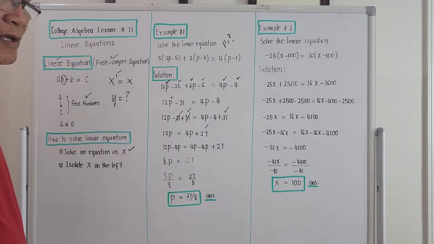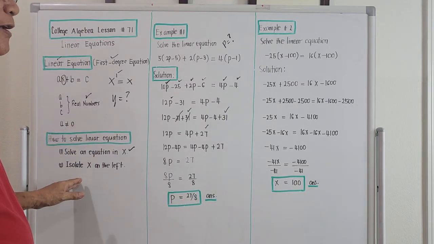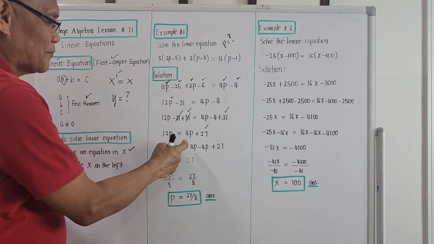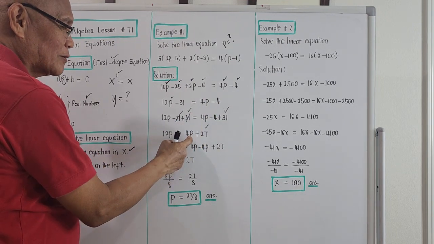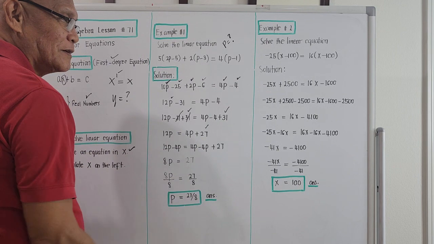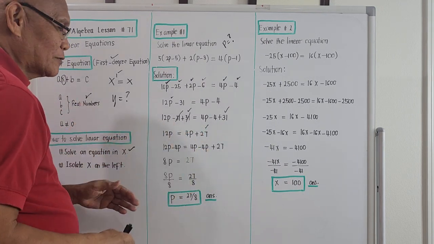What will be the next logical step? On this, how to solve, isolate p on the left, right? There's a 4p here. P is still the unknown. So we must have to eliminate this one on the right. Okay? We eliminate it on the right, we put it on the left. So what we'll do?